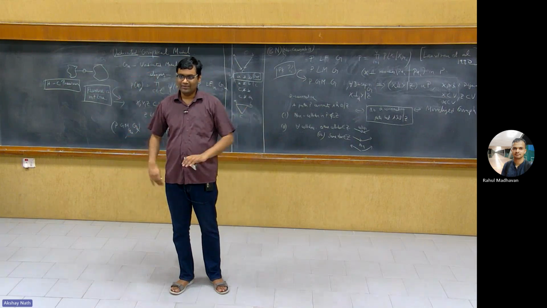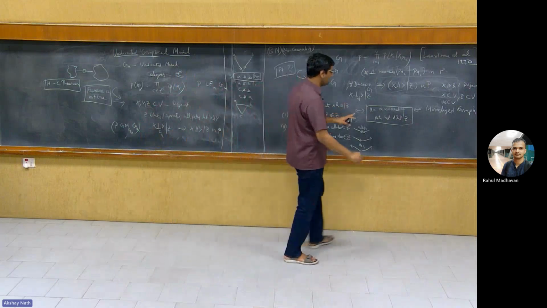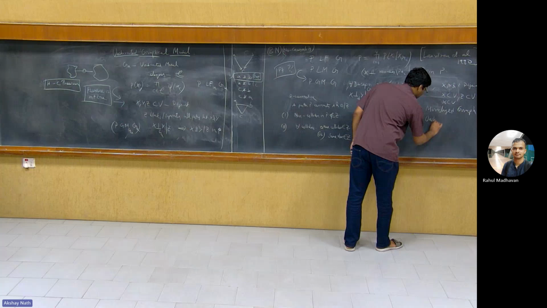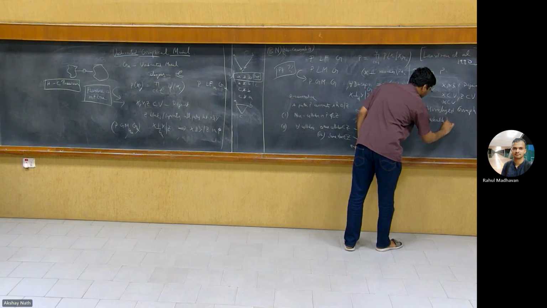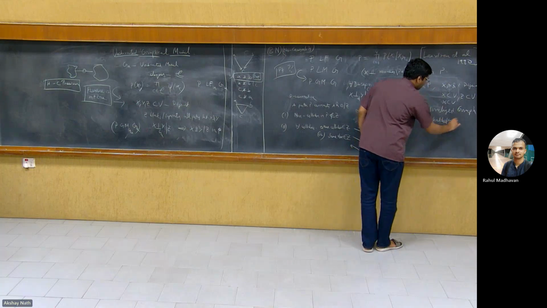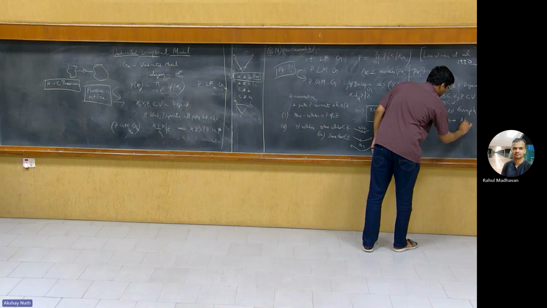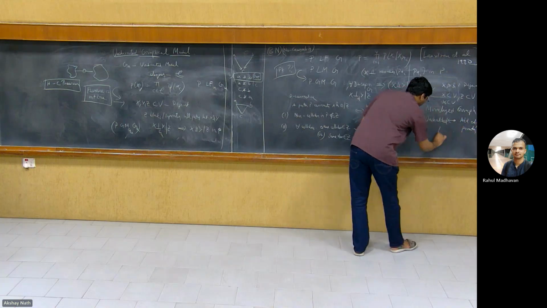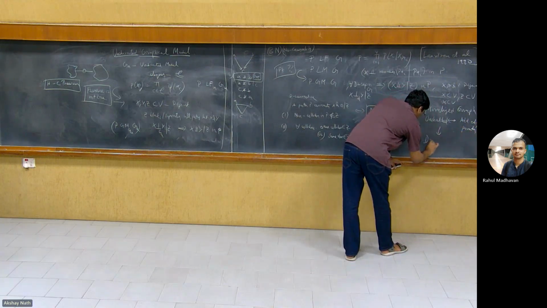It's called moralization. If you don't like the terminology, all it simply says is that if you have unshielded colliders, basically add an edge to the path. Drop all orientations.